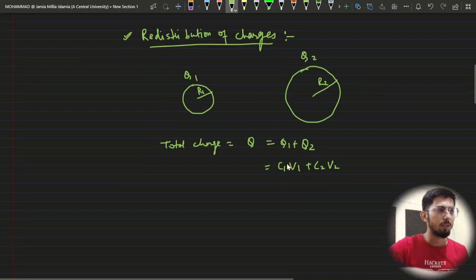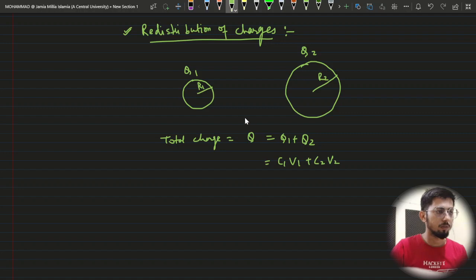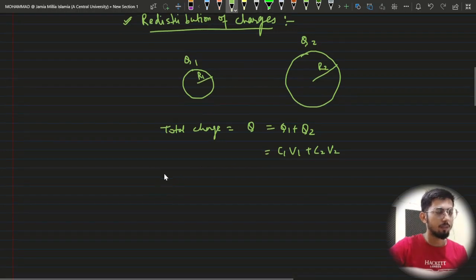Now we want to connect them using a wire or some metal, whatever conductor, and see what happens to the charge that each sphere has, whether that changes or it is still Q1 and Q2 on each one, because the total is going to be the same anyway.